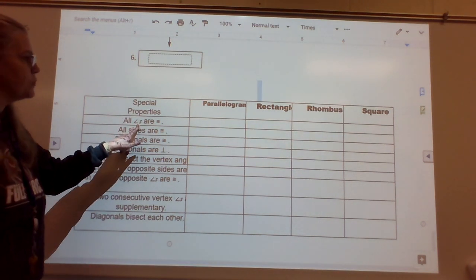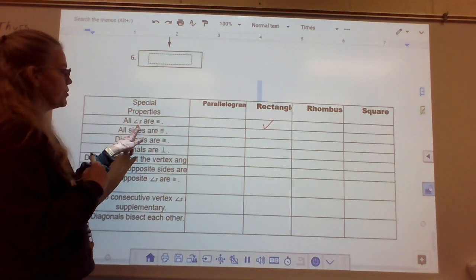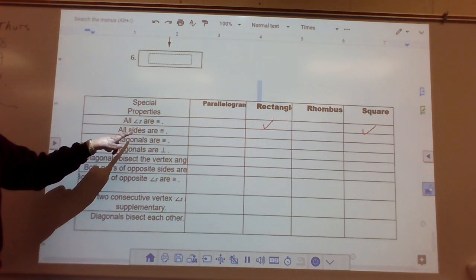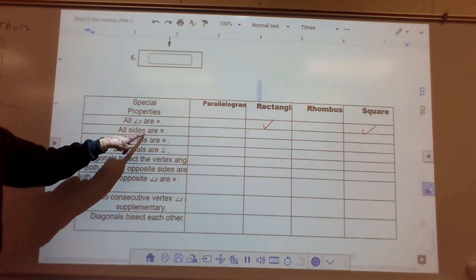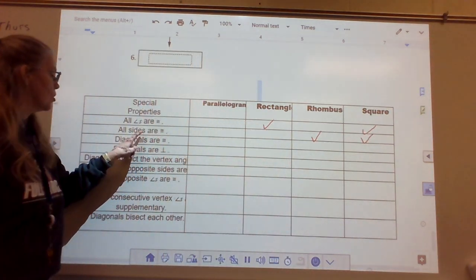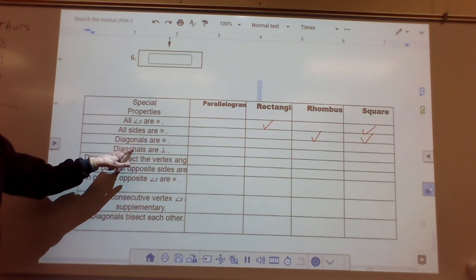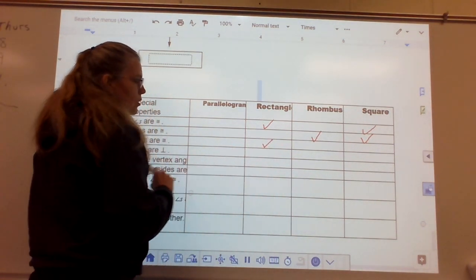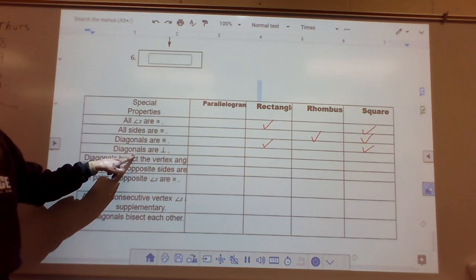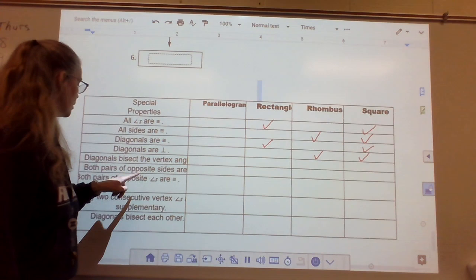So the outside angles being congruent, going to be a rectangle, because all the angles are 90 degrees, and a square, because all the angles are 90 degrees. All sides are congruent. Well, that one's going to be a rhombus and a square. So all the sides being congruent, rhombus and square. Diagonals are congruent. Well, the diagonals being congruent, that's a rectangle and a square. Diagonals are perpendicular. Diagonals being perpendicular, that was a rhombus and a square.